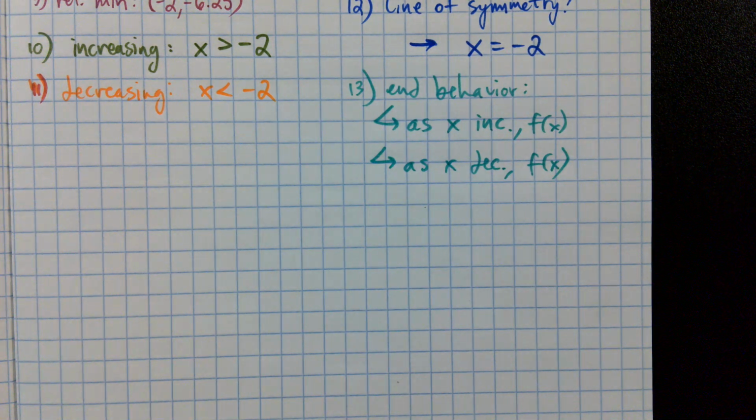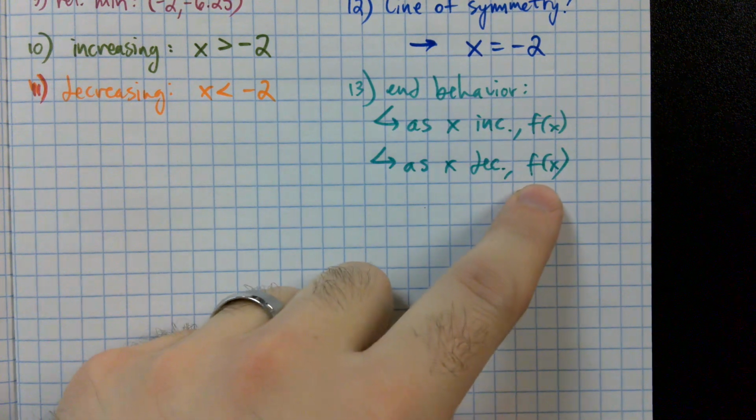What do I notice about both my arrows on this function? They're both pointing up. So as x increases to the right or decreases to the left, either way my function is increasing in terms of end behavior.